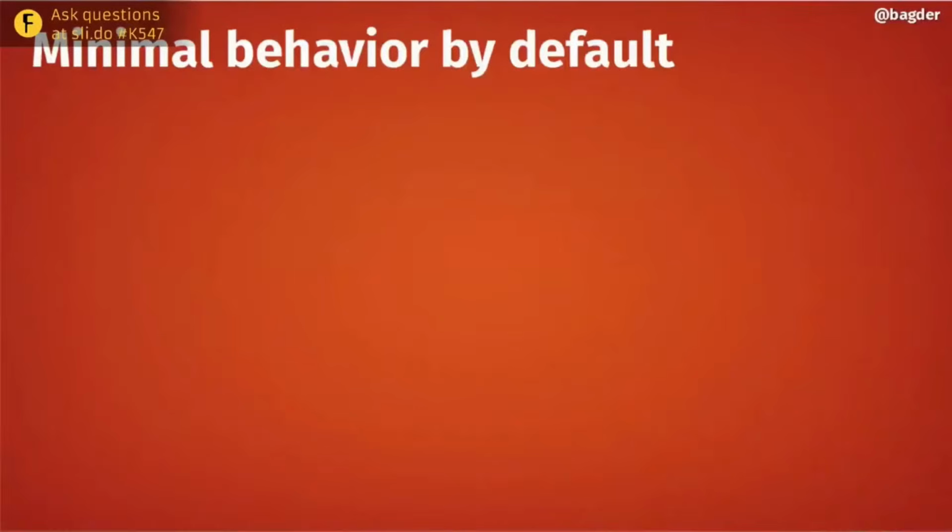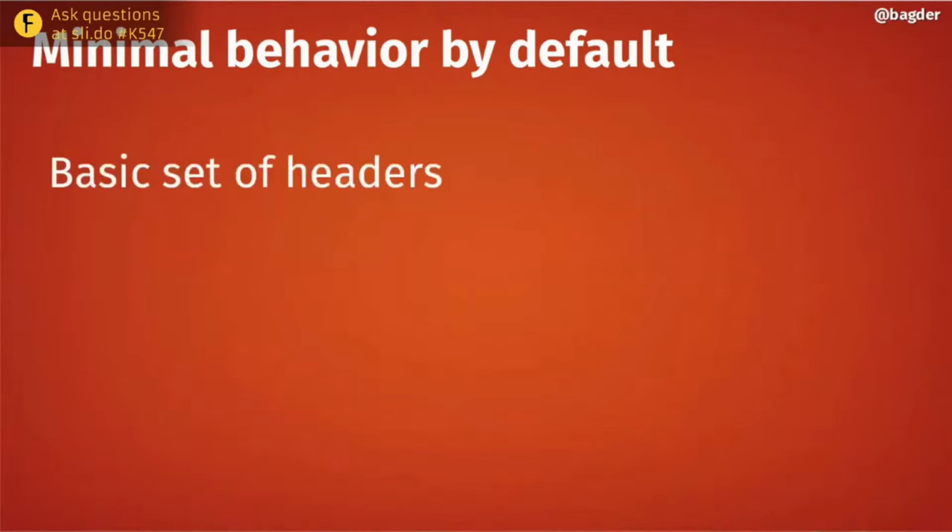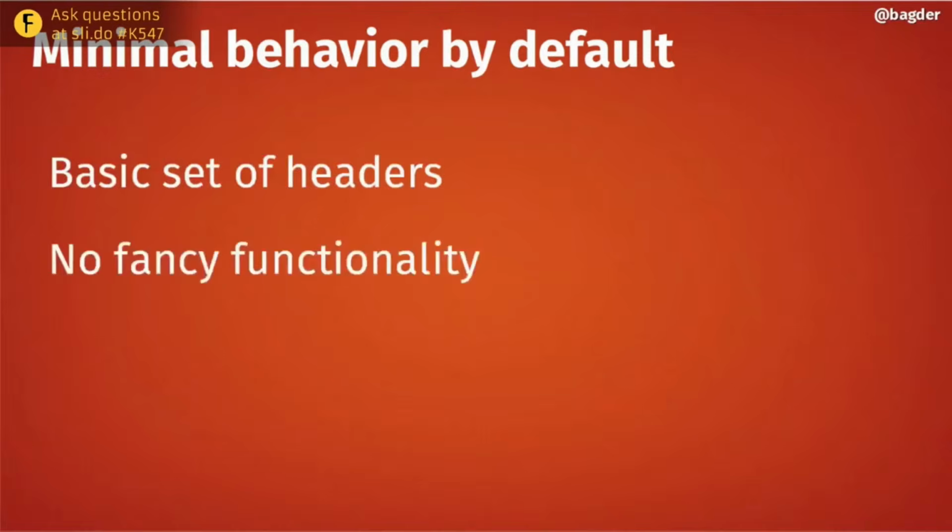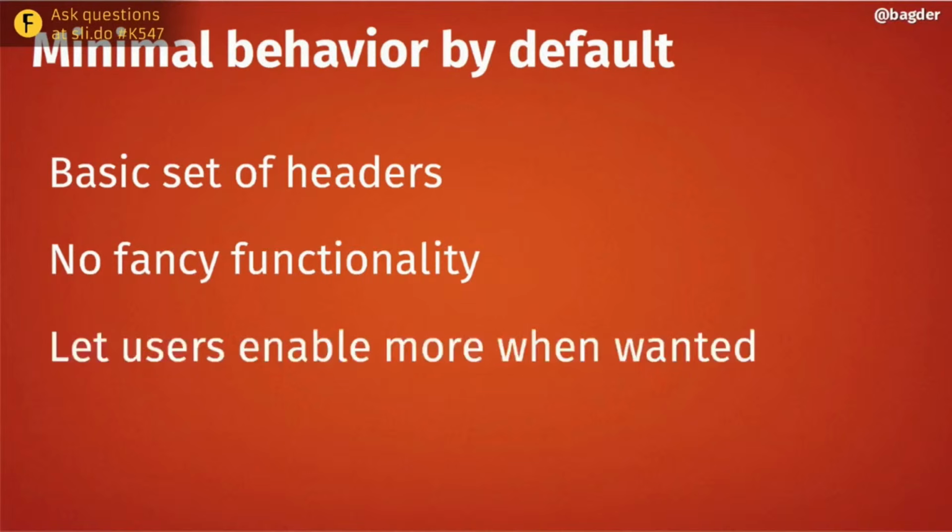And curl is minimal behavior by default, I like to call it at least. So that means that it does only what it has to do and nothing else by default. So there's a basic set of headers, and there's no fancy functionality. So if you want to do something more than just the basic stuff, you add that option and you tell it to do the other things.